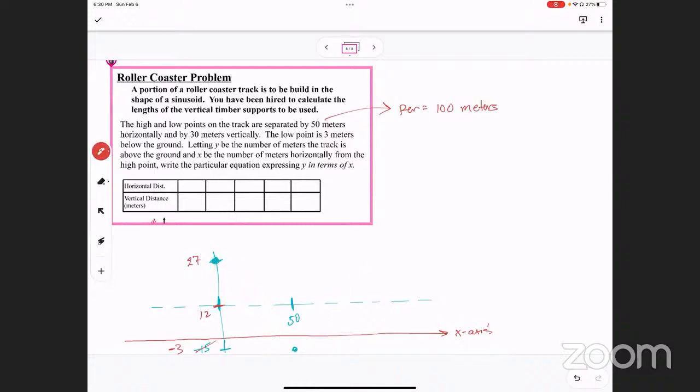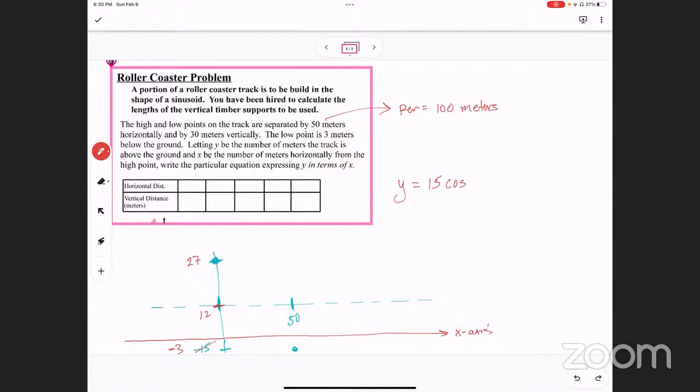It would be y equals 15 cosine x. Oh, I've got to find b, right?